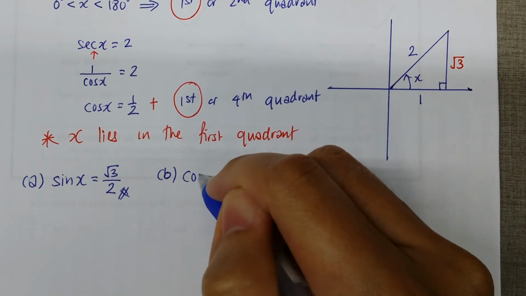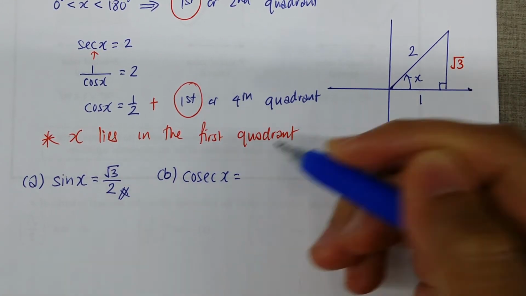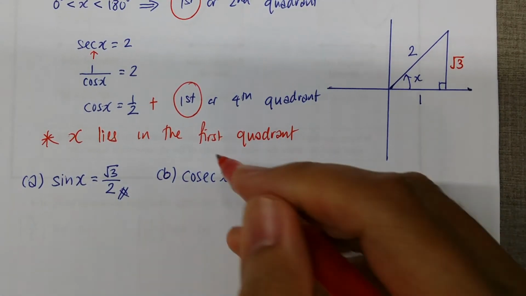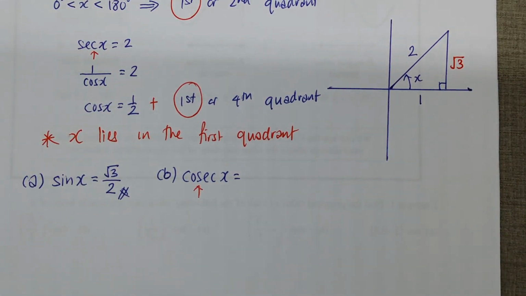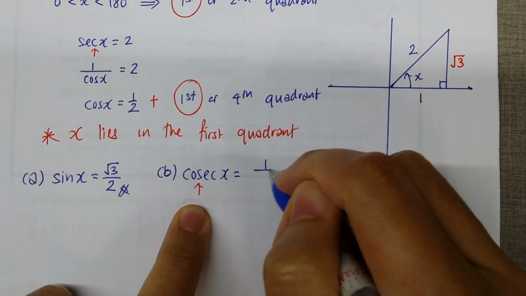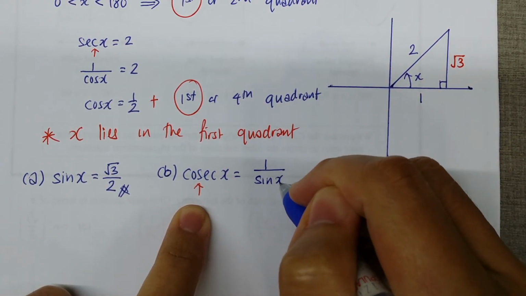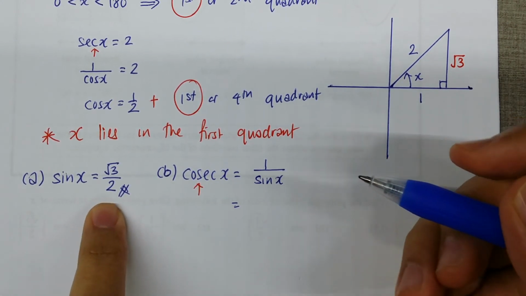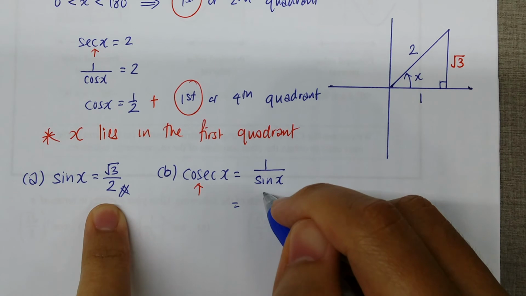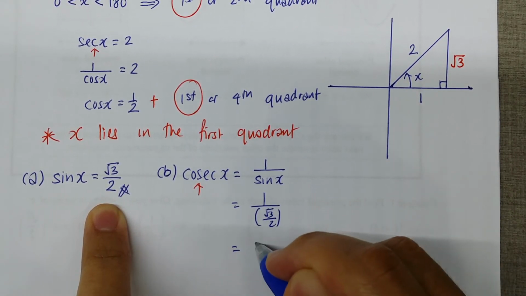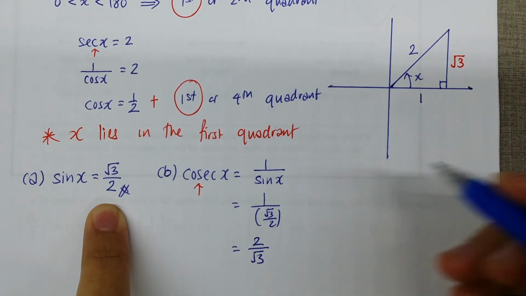Next question, cosecant x. Let's try to recall what is cosecant x. Third alphabet, you refer to the notes above. Third alphabet is S. That means it's 1 over sine theta. Sorry, 1 over sine x since you're talking about x here. Sine x I found the answer. So easy, 1 over square root 3 over 2. That means you invert them: 2 over square root 3.